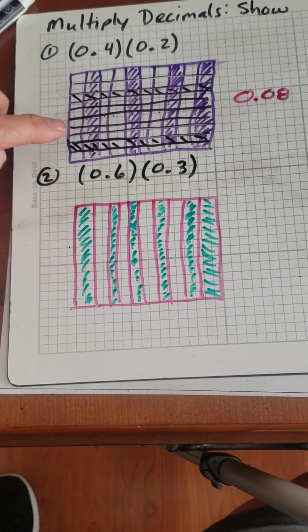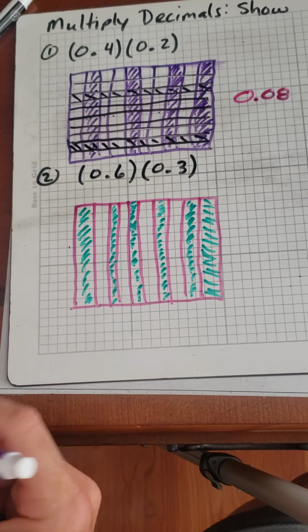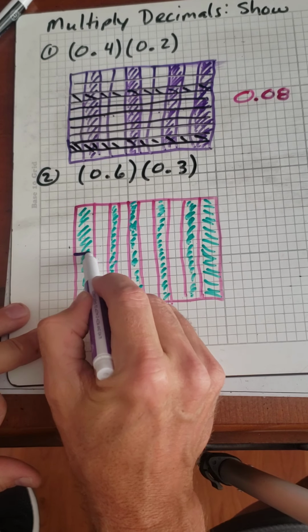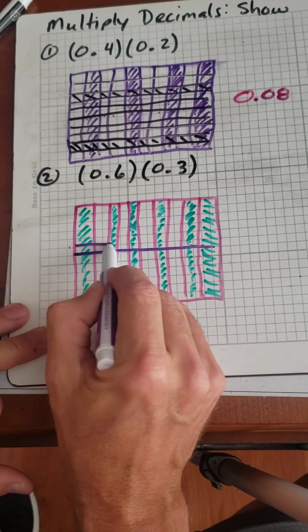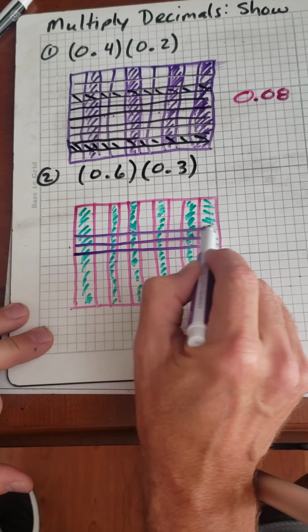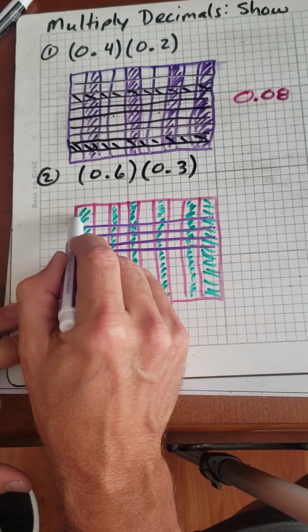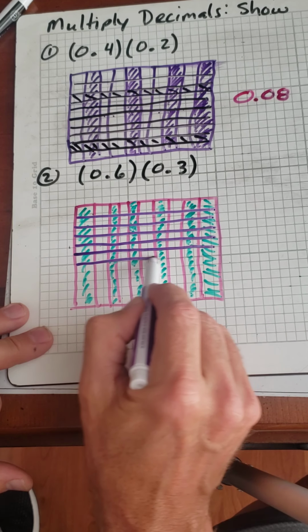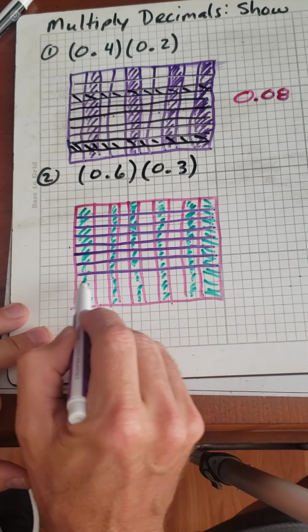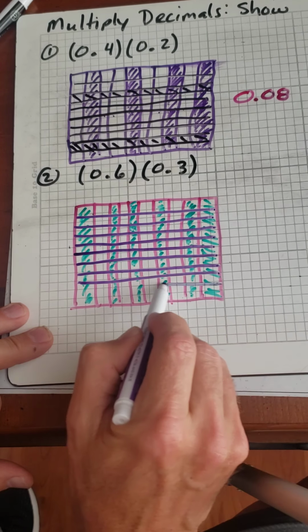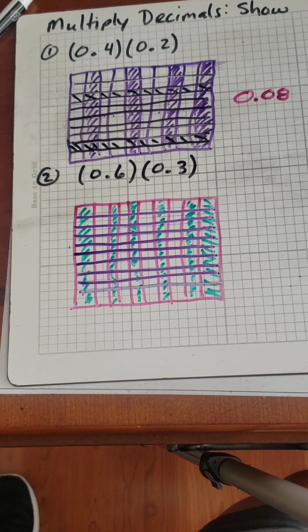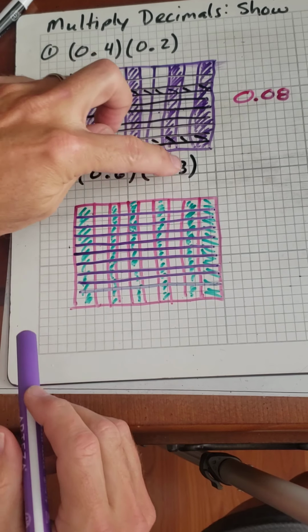All right. Now I need to do the other one, and the other one goes cross direction, horizontal. All right, so there you go, just like that. So now I've got my horizontal ones, and again, I'm going to shade what I have.